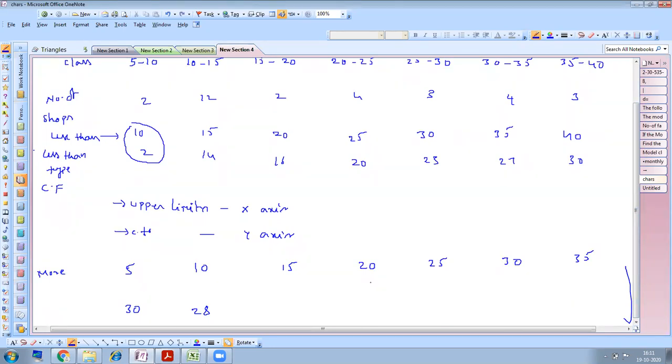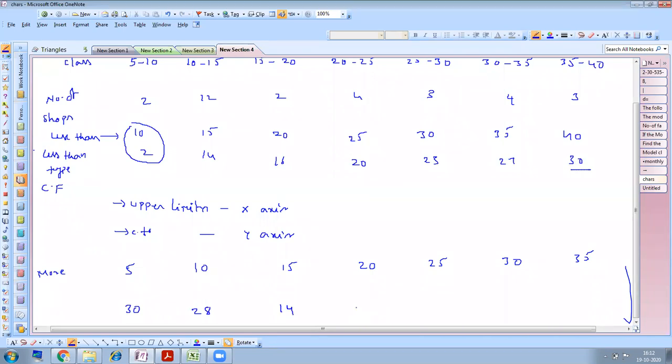Guys, for the more than graph, the more than cumulative frequency, how much are we getting? More than 5 is everything, so that is 30. More than 10 is 30 minus 2, 28. And more than 15 is how much? 28 minus 14, so 14.